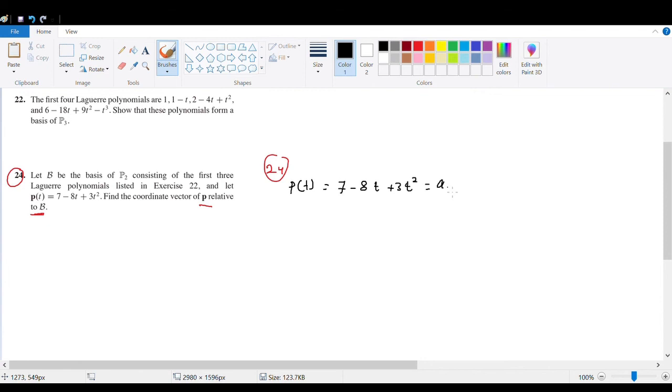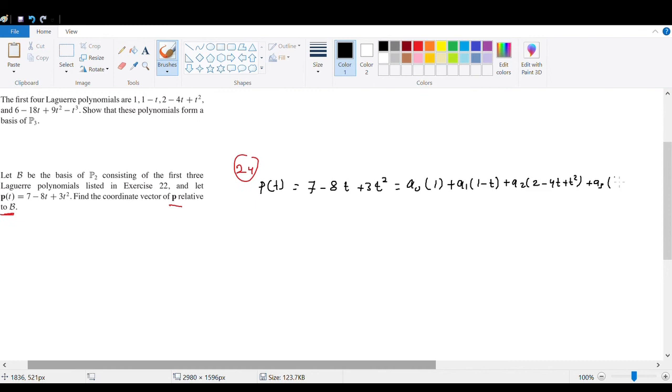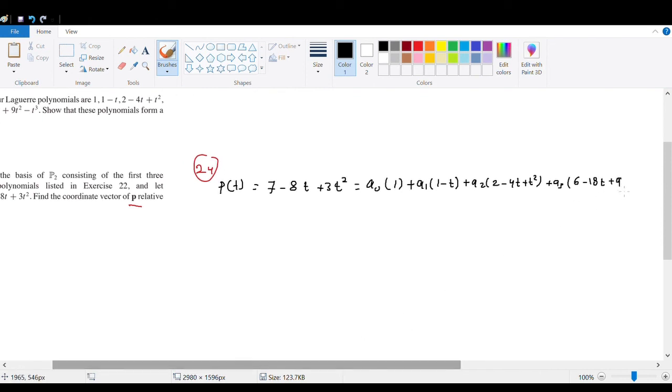So it is a0 multiplied by 1 plus a1 multiplied by 1 minus t plus a2 multiplied by 2 minus 4t plus t square plus a3 multiplied by 6 minus 18t plus 9t square minus t cube.